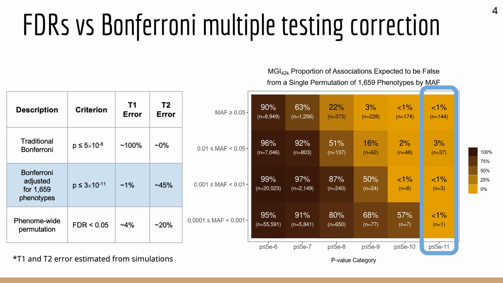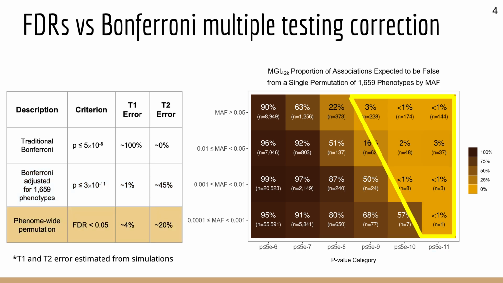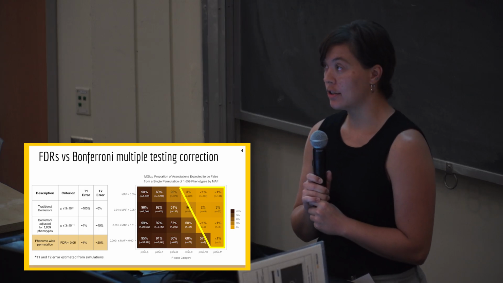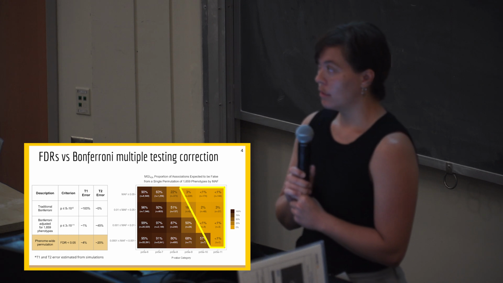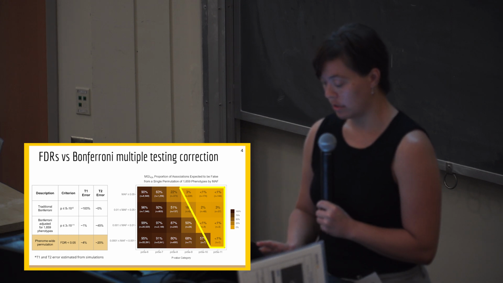In this situation we have the opposite problem: very low type 1 error, but high type 2 error. What the false discovery rate allows us to do, instead of just taking a stripe across these different p-value categories, is take this triangle area. It allows us to balance between our type 1 error and our type 2 error at approximately 4% and 20%, which is what we generally aim for as statisticians.